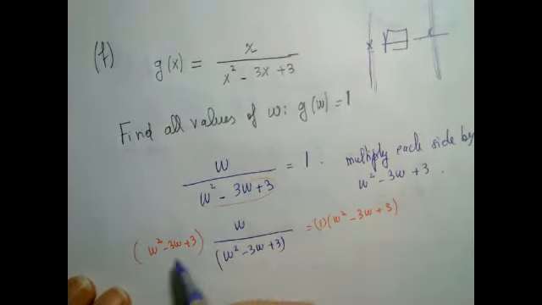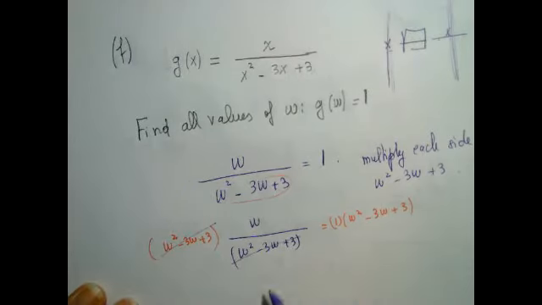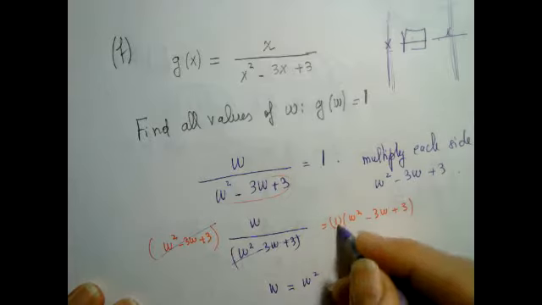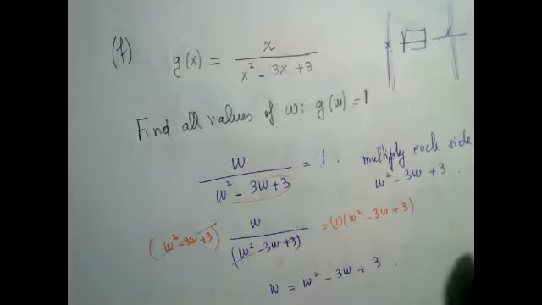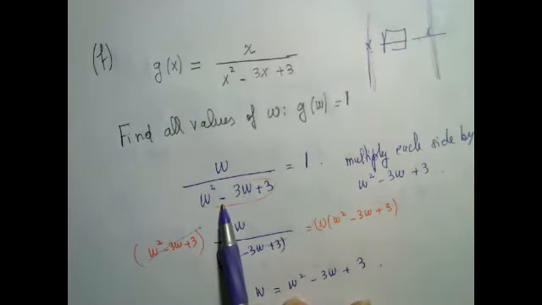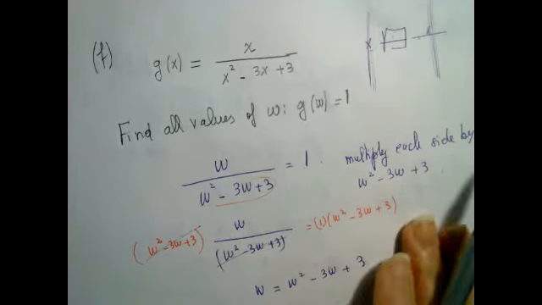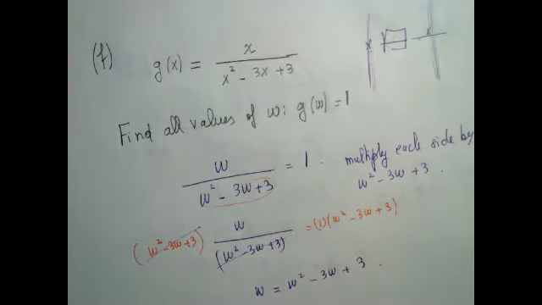The benefit is those two will simplify. And I will have w equal, now if I multiply this out, this is a 1, so nothing is going to happen, minus 3w plus 3. So multiplying both sides by this denominator is actually helping me to have a simpler problem.